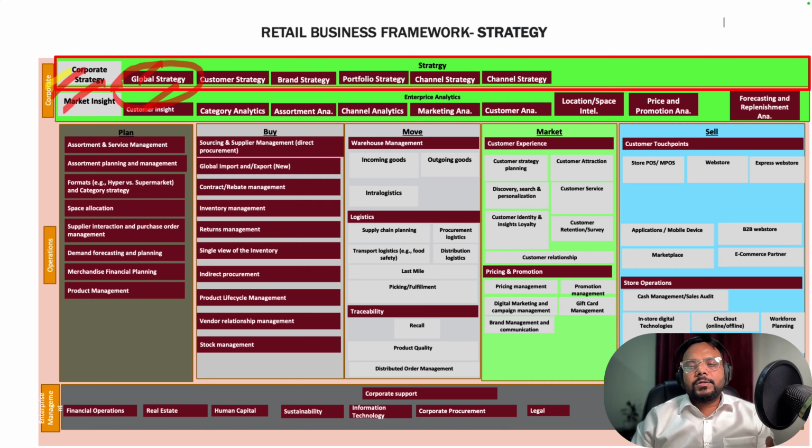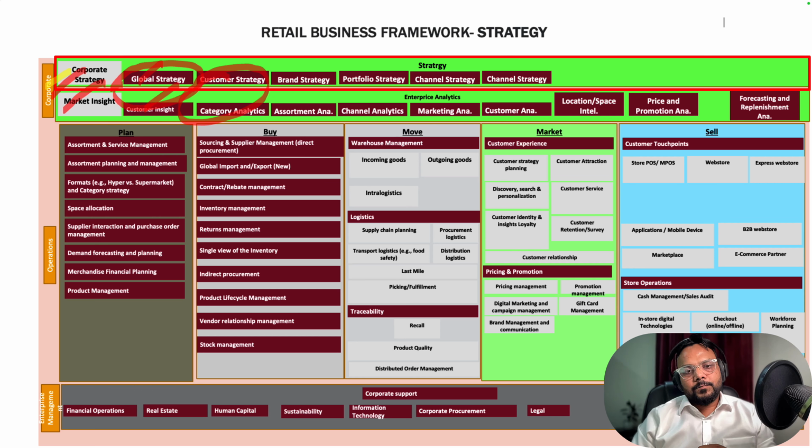Or if you already have a store, the expansion strategy and the competitive positioning across geographies is what you need to start thinking about.